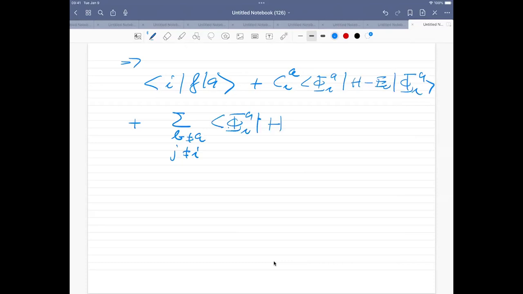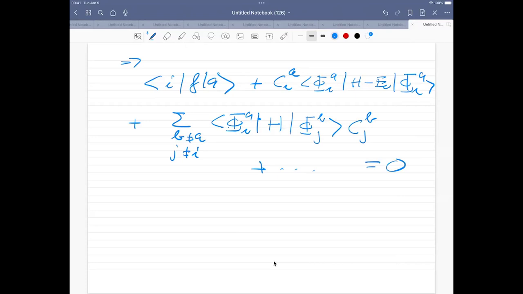So what I get then is just this phi of JB, and then I have the unknown coefficient, plus, and now I'm just setting up these additional terms. So I'm just going to focus on the first three terms.